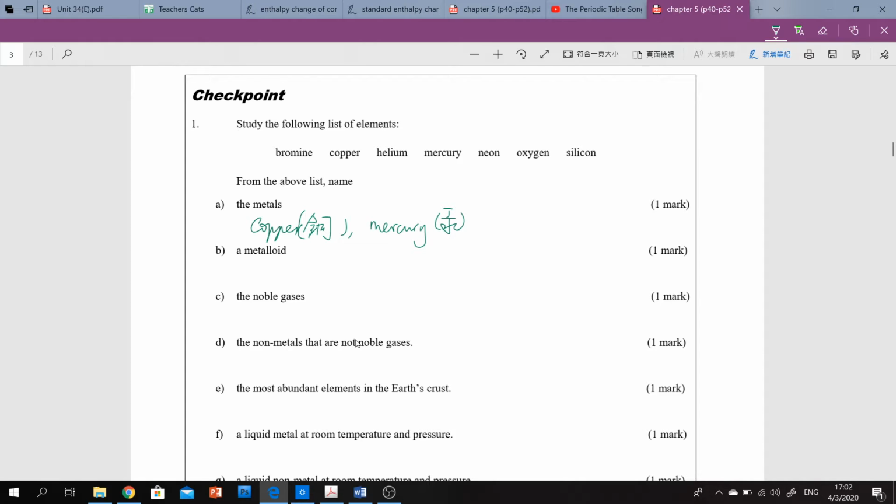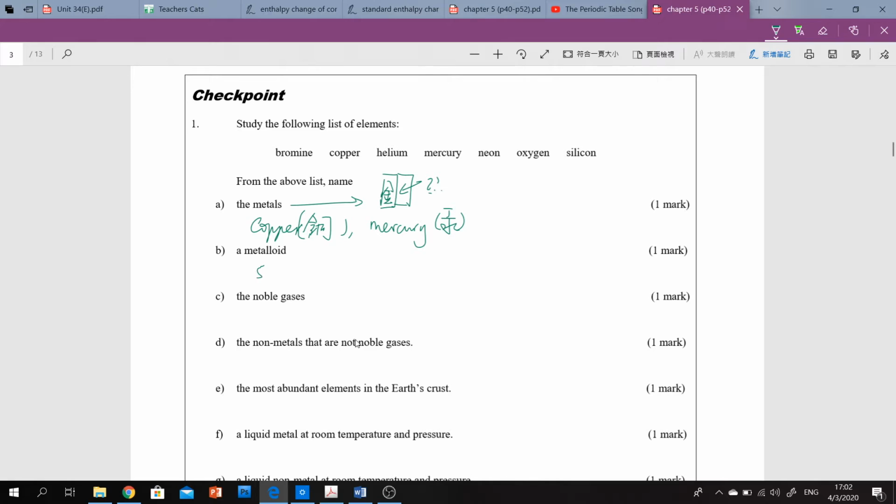Very often, for those metals we have the Chinese name, and the Chinese character 金 is on the left hand side, and the right hand side is different, for example 銅, 銀, 鐵. So you may find that all of those have 金 on the left hand side, which means metals.